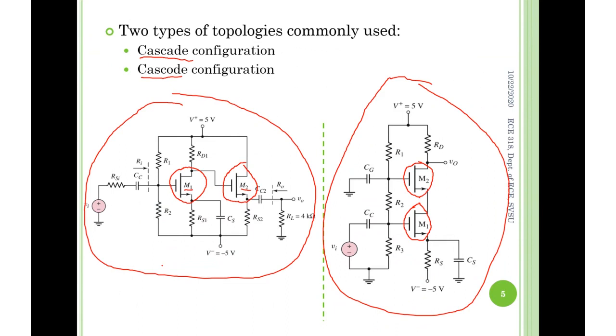Anyone remember what we learned? M1 here in cascade is common what? And why? You're pretty much just looking at who occupies the input terminal, who is the output terminal, and the left terminal is the common terminal.